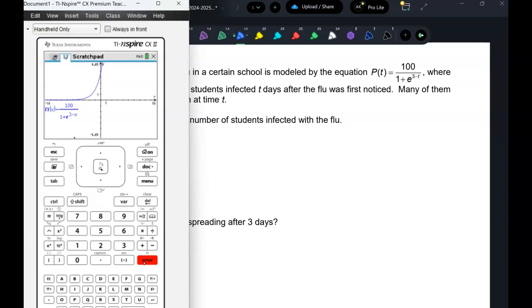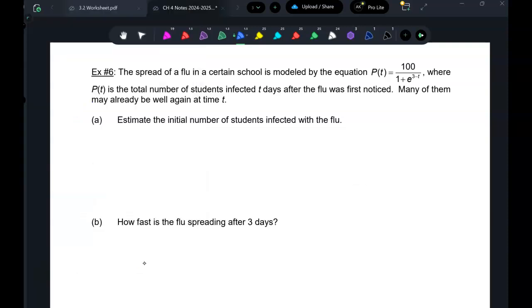It does not just keep going. That's called carrying capacity. We do a lot more discussion about carrying capacity in Calc 2. Here, all you need to be able to do is graph it on the calculator and then answer a few questions.